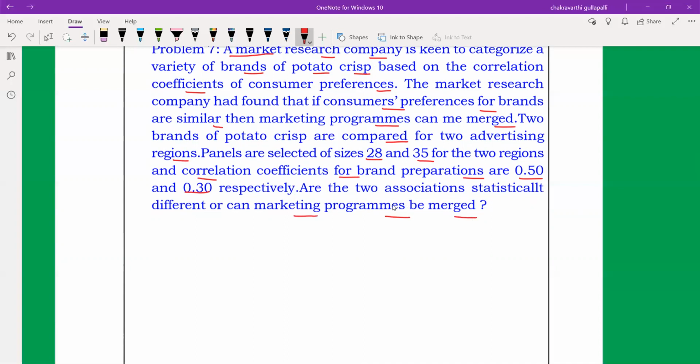For merging marketing programs, the correlation coefficient is suitable. So here we have to use the Fisher-Z transformation test procedure. Let us solve this problem.